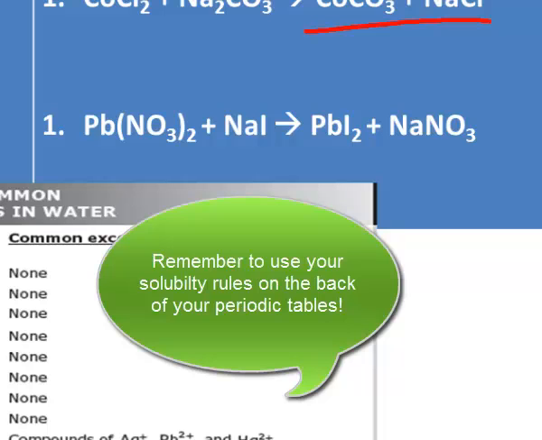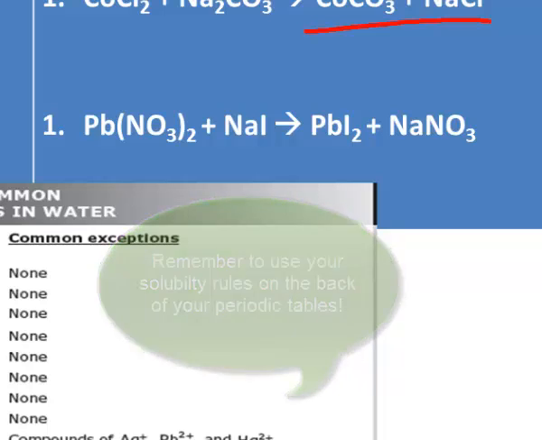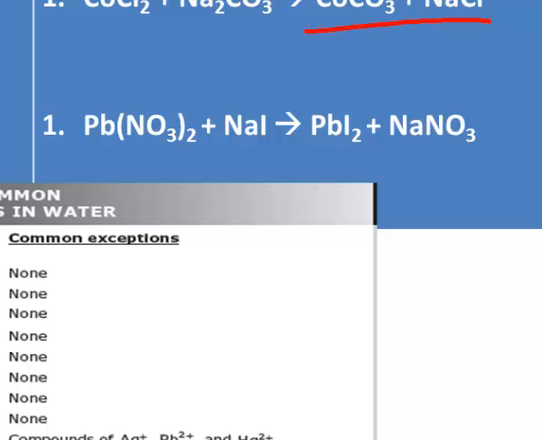Carbonate is insoluble unless it's bonded to ammonium or an alkali metal, and it's definitely not. Cobalt would be a transition metal, so that looks like it'd be our precipitate, our insoluble product.